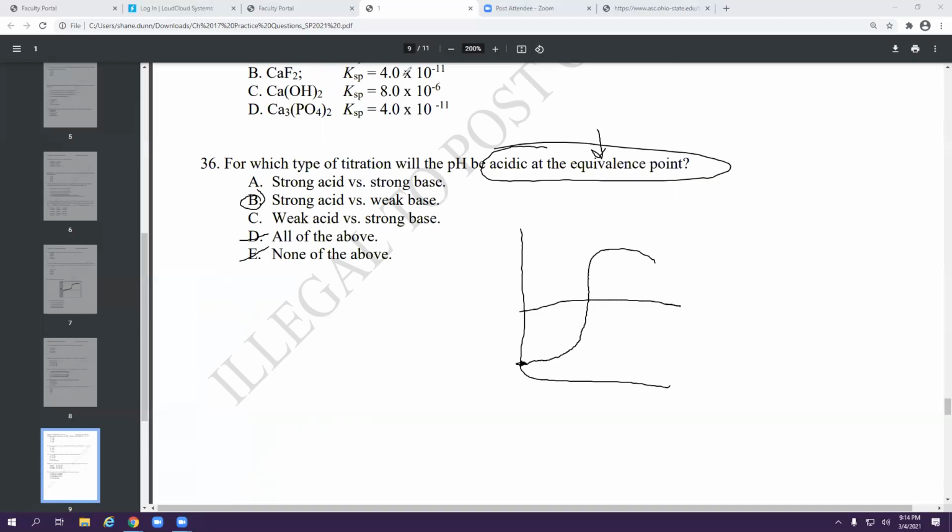The equivalence point is still going to be below 7, right? Because it's going to take a ton of the base to neutralize the strong acid, right? Okay, that's why. So it has to be a strong acid with a weak base to get an acidic equivalence point.